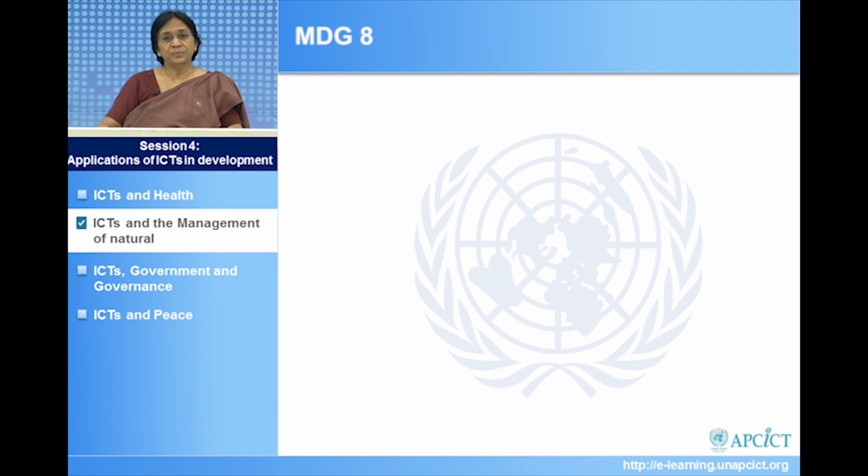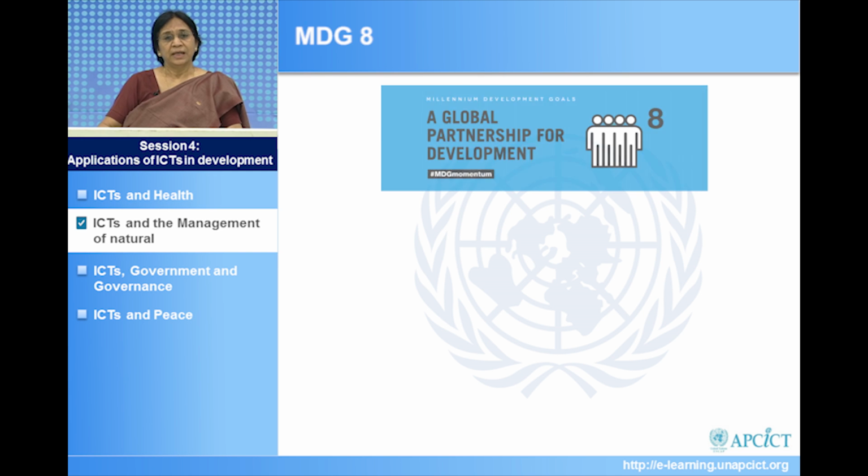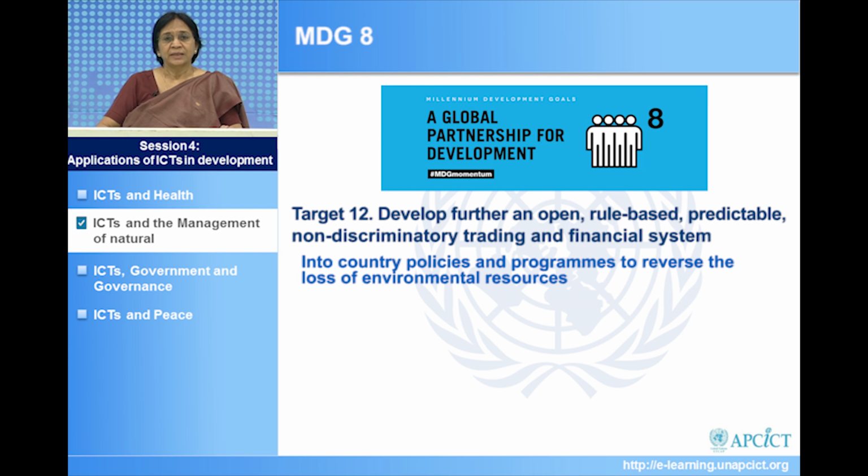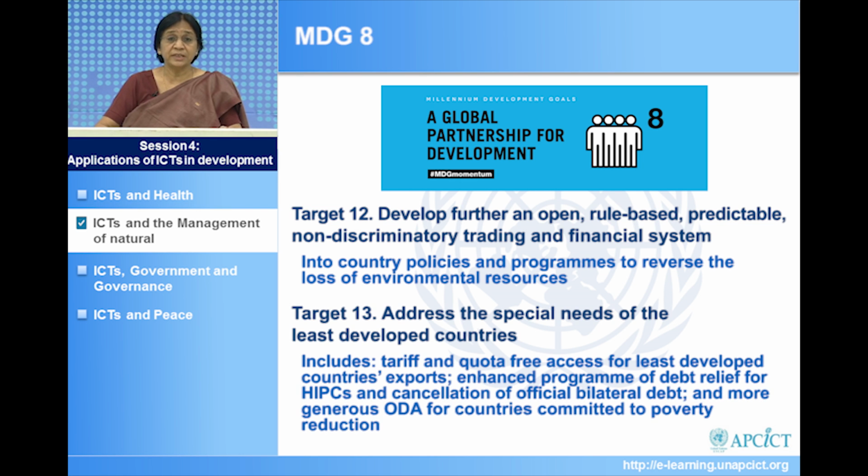I will take you only briefly through MDG 8, which basically talks about developing a global partnership for development. Developing this global partnership means, in Target 12, that we must have an open system in a globalized economy. We must address special needs of the least developed countries, which is what we're doing through these modules.